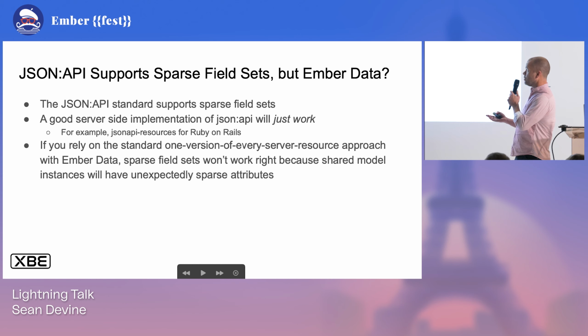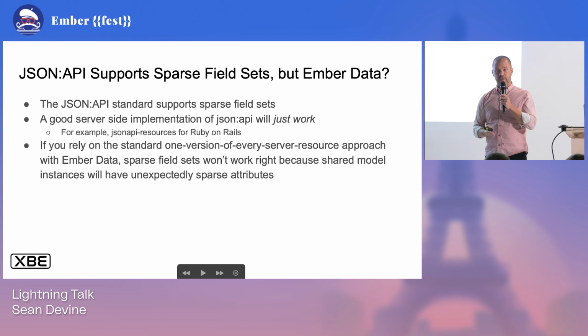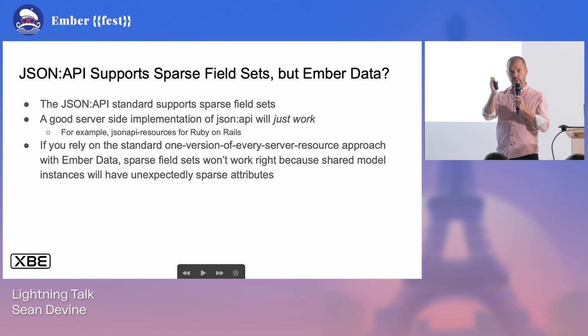And a good server-side implementation of this will just work if it's implemented the standard. So for example, we use JSON API resources, and that supports sparse field sets in a really nice way. Again, both for the primary resource that you're requesting and for the included resources.